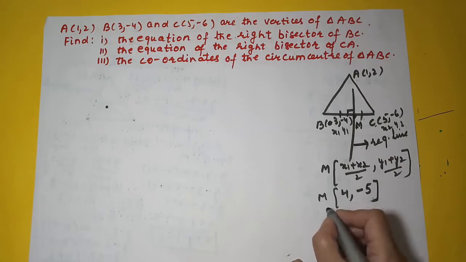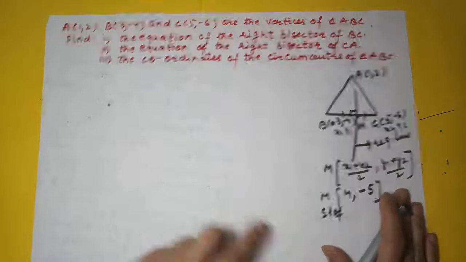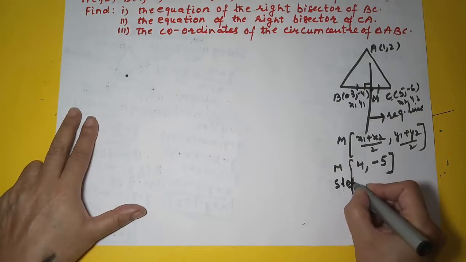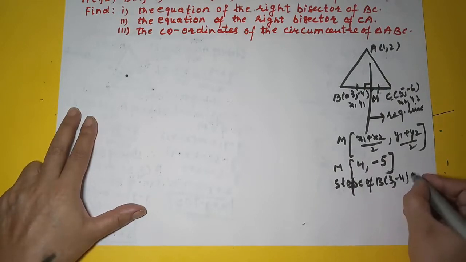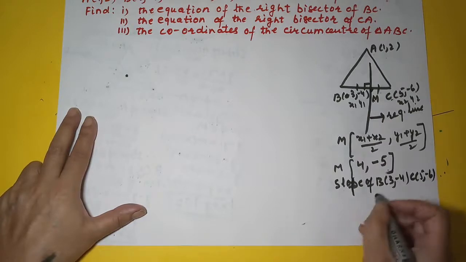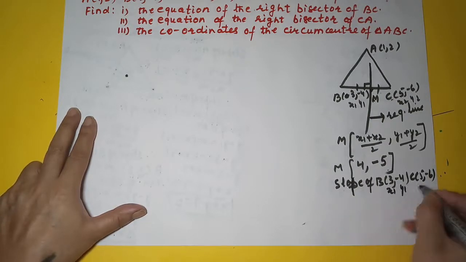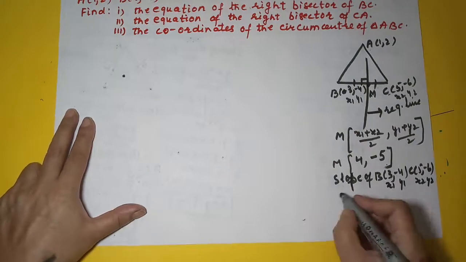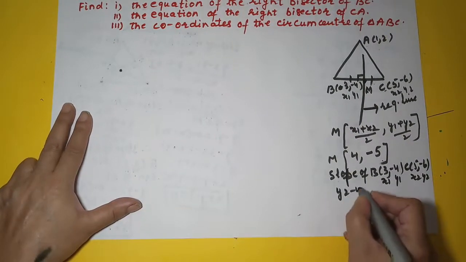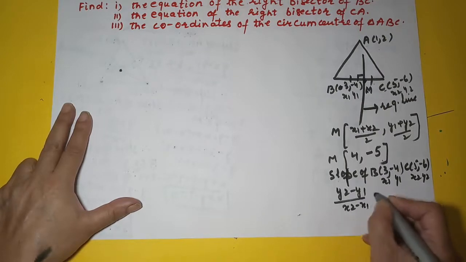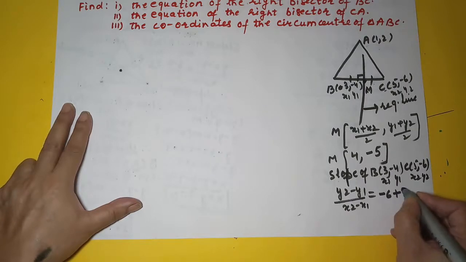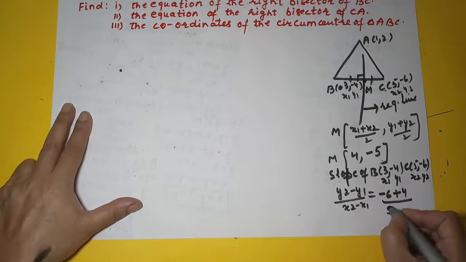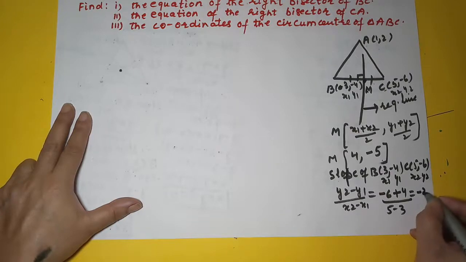So let's find the slope of BC. B is (-3, -4) and C is (5, -6). So this is my x1, y1, this is my x2, y2. The slope of BC will be y2 minus y1 upon x2 minus x1, which is -6 minus of -4, so that becomes +4, over x2 which is 5 minus of -3, so this becomes -2 by 8.